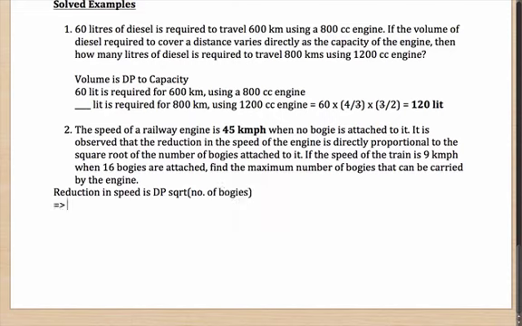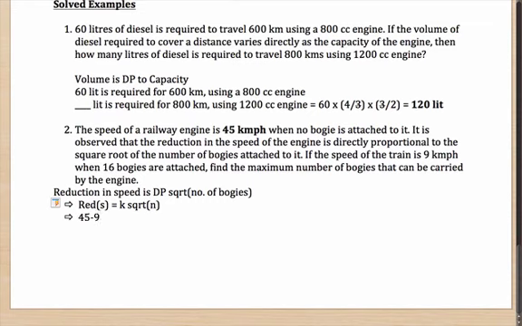So I can write this as reduction in speed is equal to the proportionality constant into square root of n, where n is the number of bogies which is attached. What do I know? If the speed of the train is 9 km per hour, what is the reduction?